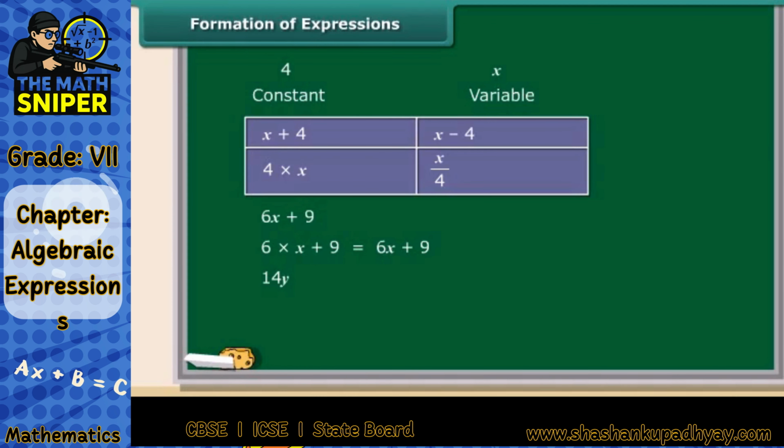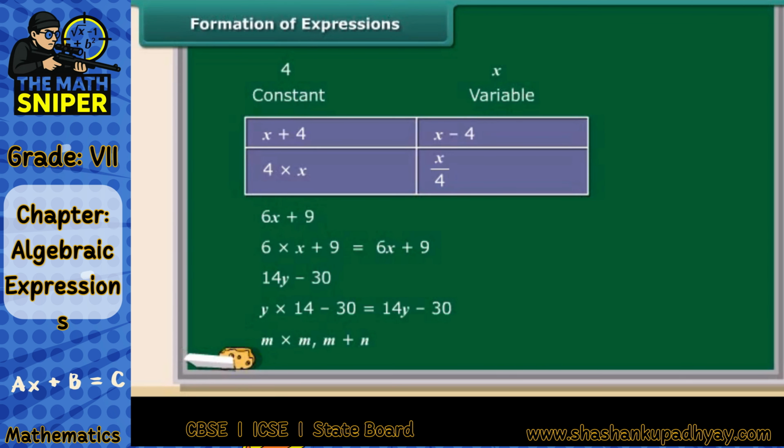Similarly, 14y minus 30 is obtained by first multiplying y by 14 and then subtracting 30 from the product. So, children, you see these expressions were obtained by combining variables with constants. You can also obtain expressions by combining variables with themselves or with other variables.